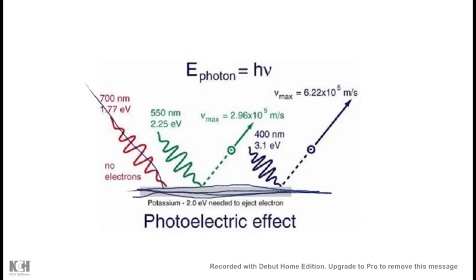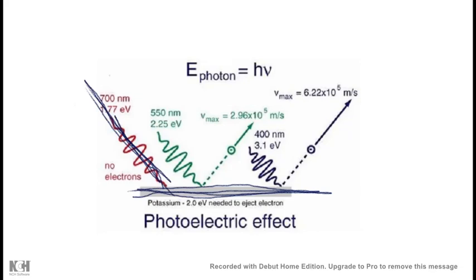Nothing happens. And the mystery was, back then, if we make this red light more intense, more intense, why did the potassium continue to ignore it?